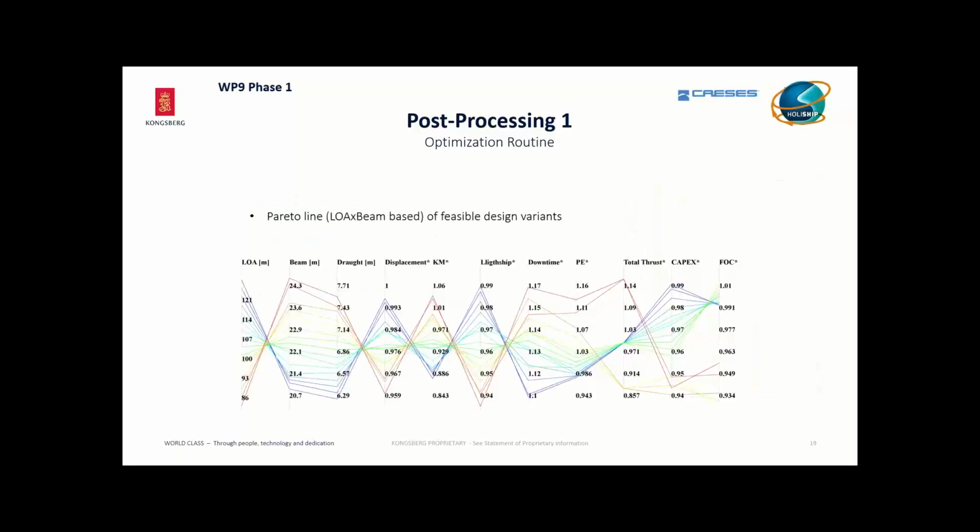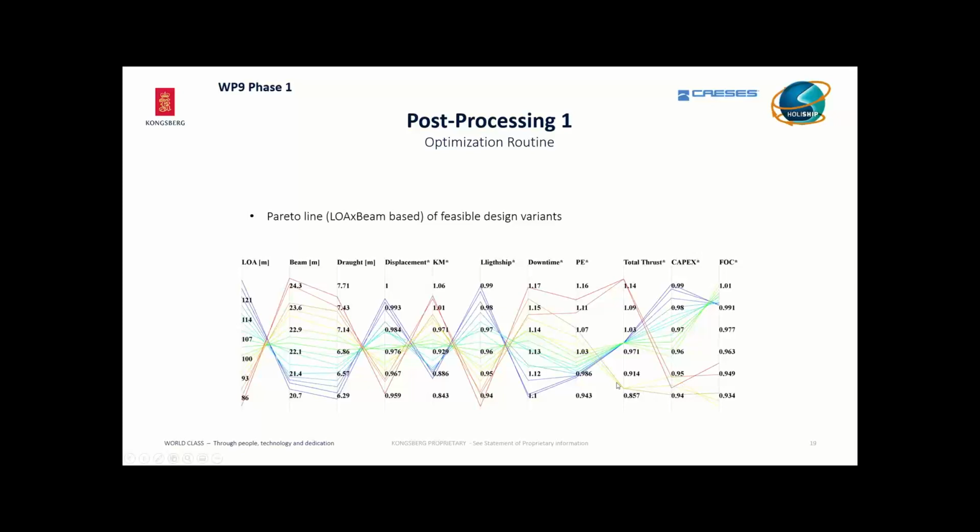And that creates a Pareto line basically of feasible design variants, which would be narrowest, which means lower capex, also lower resistance, and DP varies from design to design. But then we can see where we should be focusing.